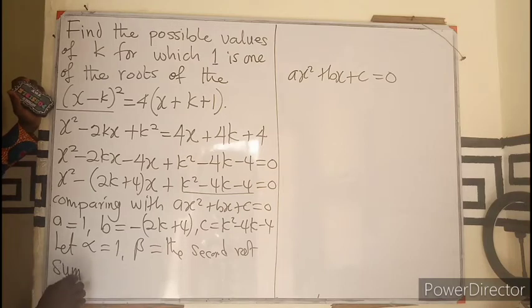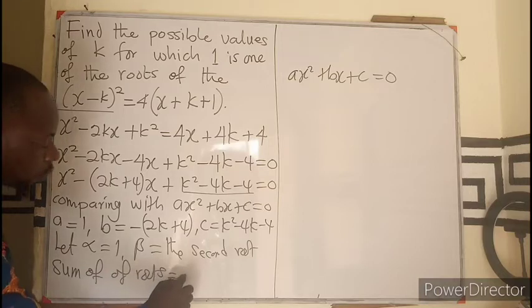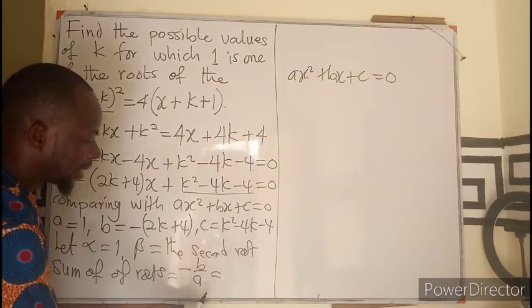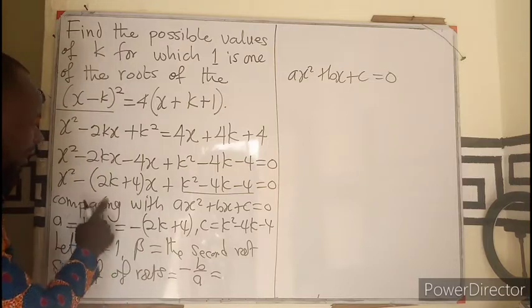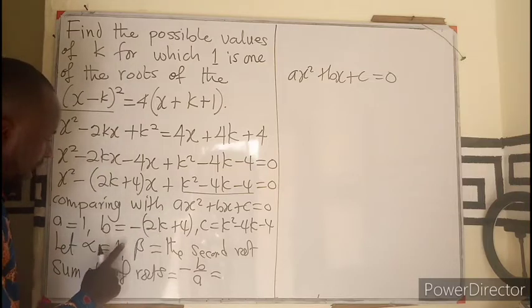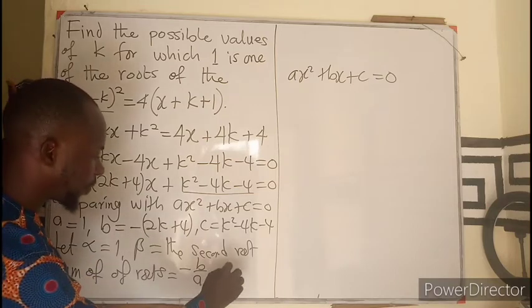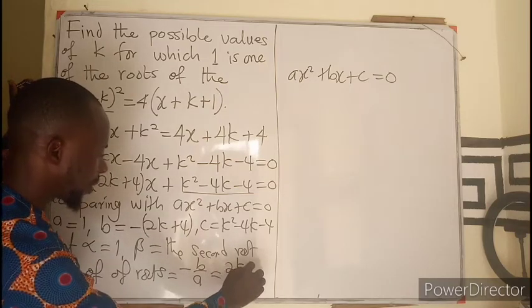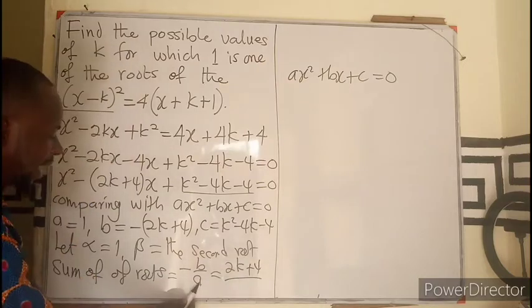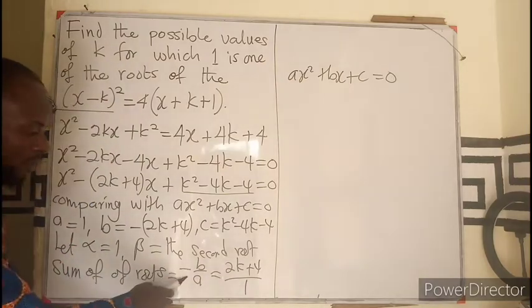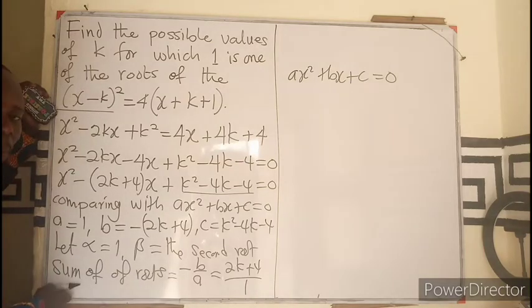So don't forget, if I want to find the sum of roots, which is negative b over a. Where is my negative b? Where is b? This is going to be b. So negative negative becomes positive, 2k plus 4 over a. And our a is 1. So that's what I'll be having for the sum.